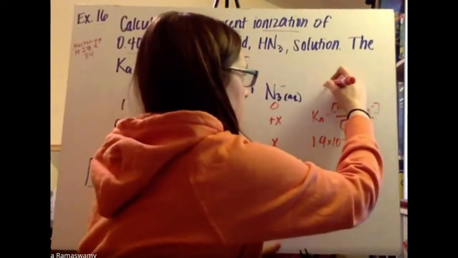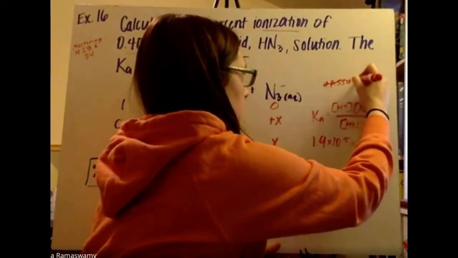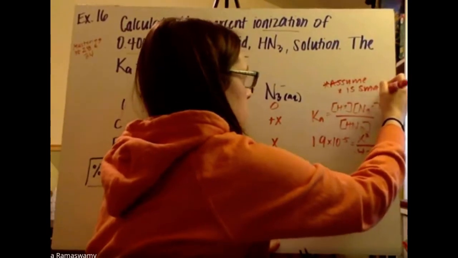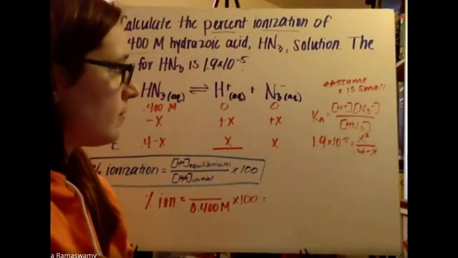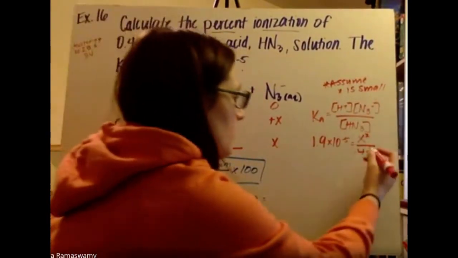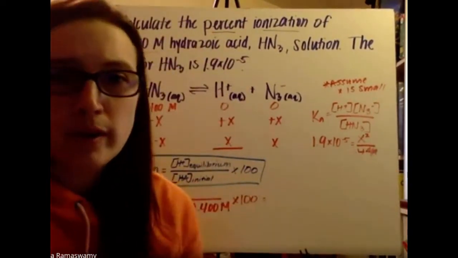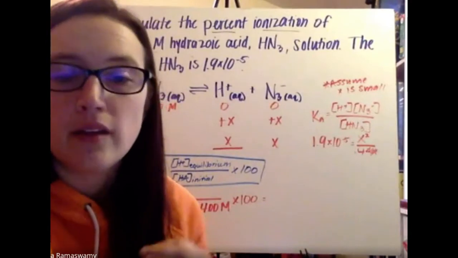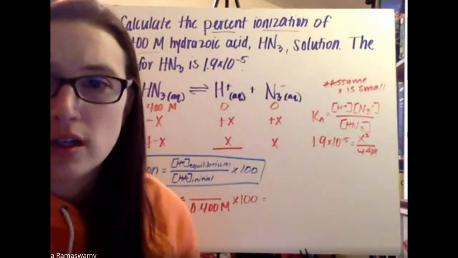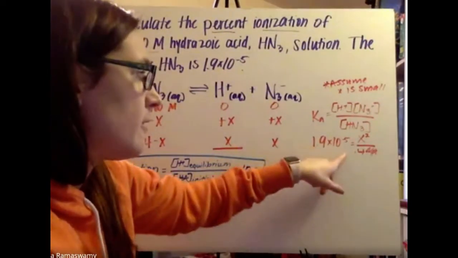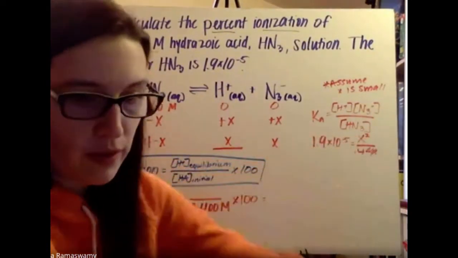So I'll just make myself a note up here. Assume X is small. What that does is that allows us to ignore the minus X. We're assuming that X is such a small value that it's not going to impact the initial concentration of the acid. So now we have 1.9 times 10 to the negative fifth equals X squared over 0.4.